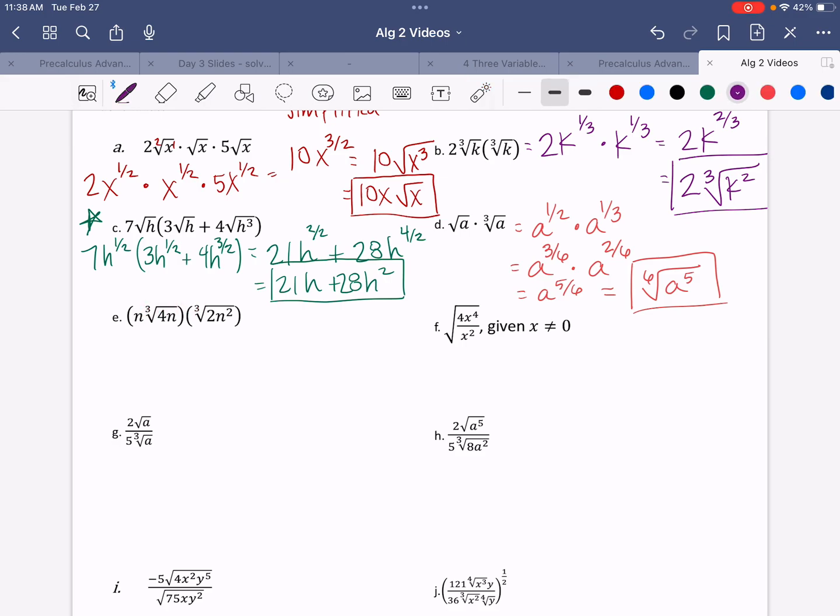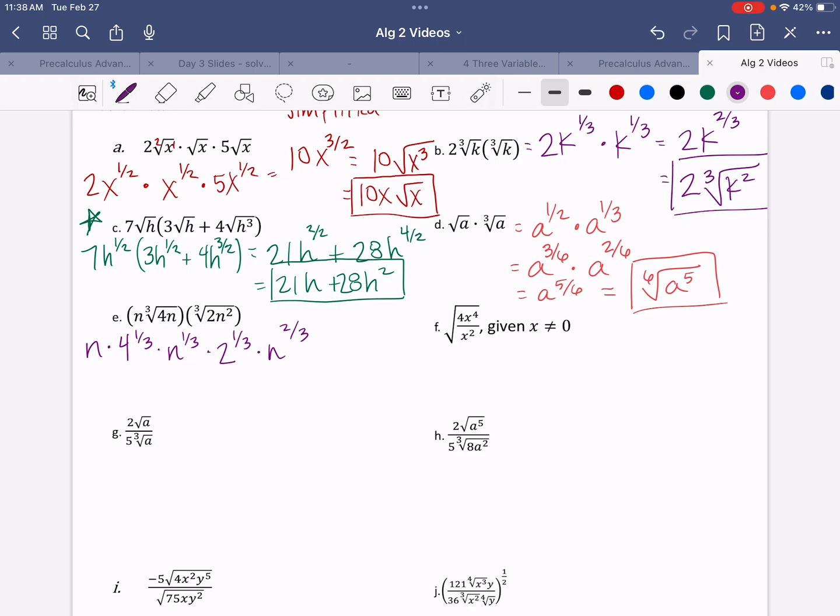So I'm going to have n to the first. The 4 gets a 1/3 power. The n gets a 1/3 power. The 2 gets a 1/3 power. And what else do we have? The n gets a 2/3 power.